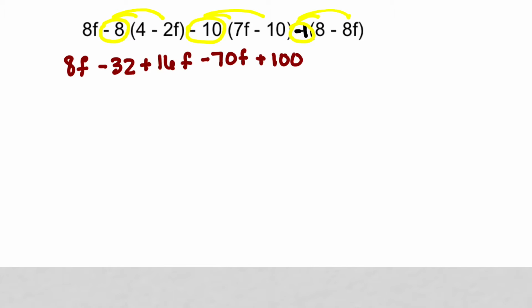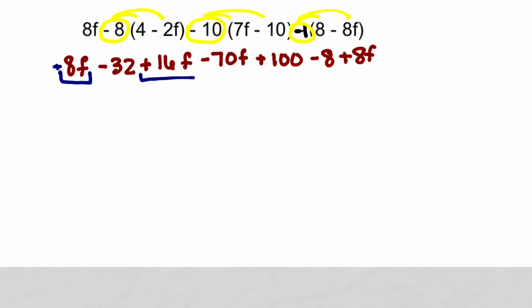Now, negative 1. So think about it, you can look at it that you're distributing the negative, or if it makes it easier for you to recognize that there's a number there, you can say distributing negative 1. So that's negative 1 times 8, negative 1 times negative 8f. So now I have done all of the distributing, and what I can turn my eyes toward is combining like terms. So I have an 8f there, it's assumed positive because there's no negative in front of it.